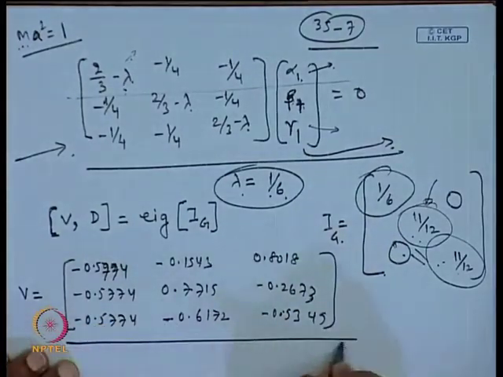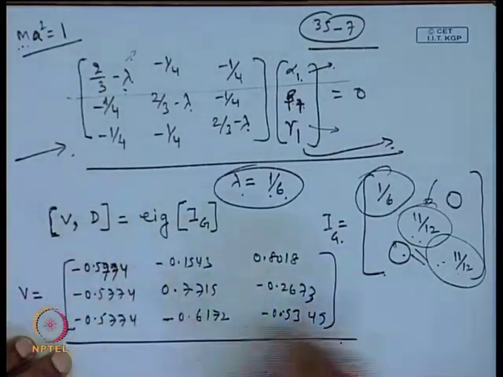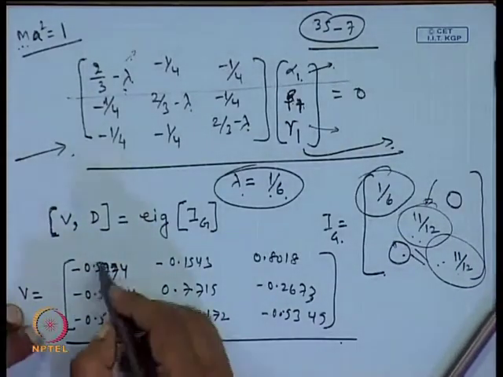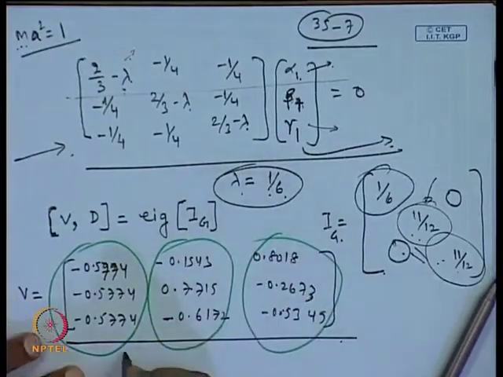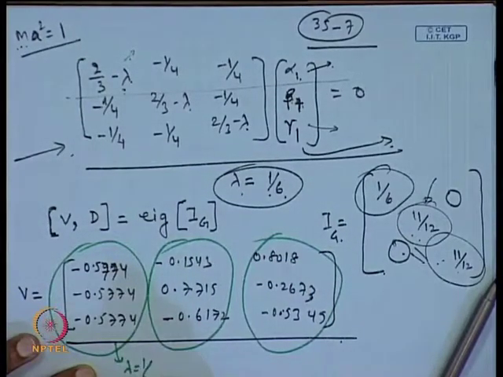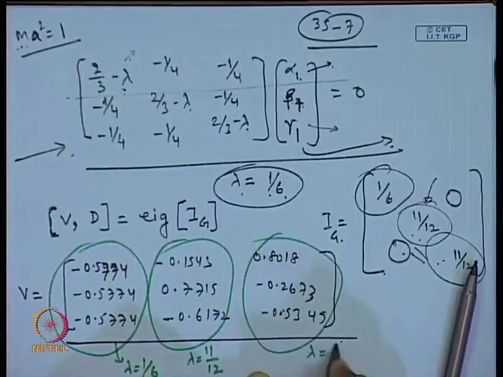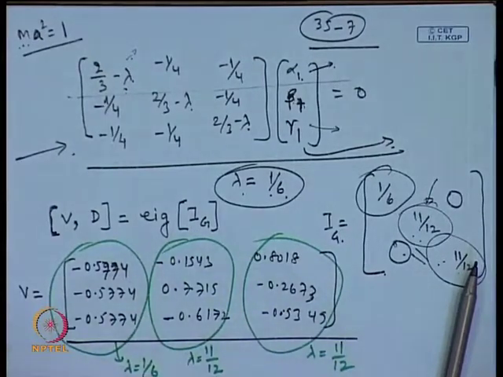Okay. So, this is one vector, this is another eigenvector, this is another eigenvector. This eigenvector corresponds to your eigenvalue lambda equal to 1/6, while these two correspond to lambda equal to 11/12.